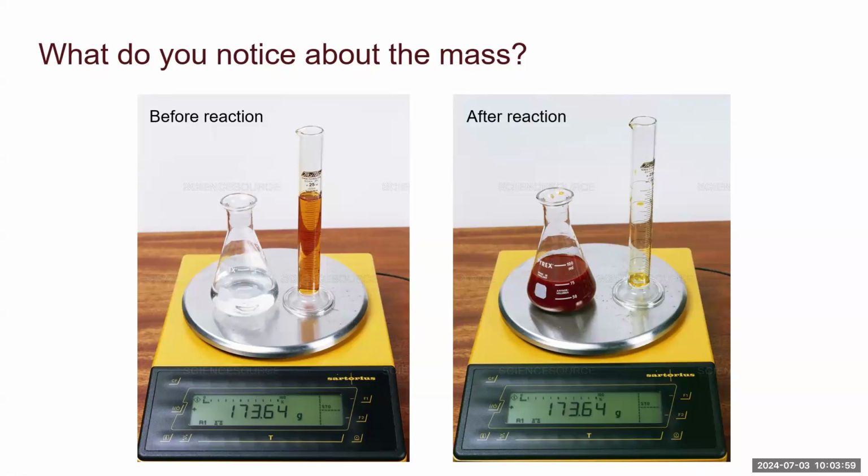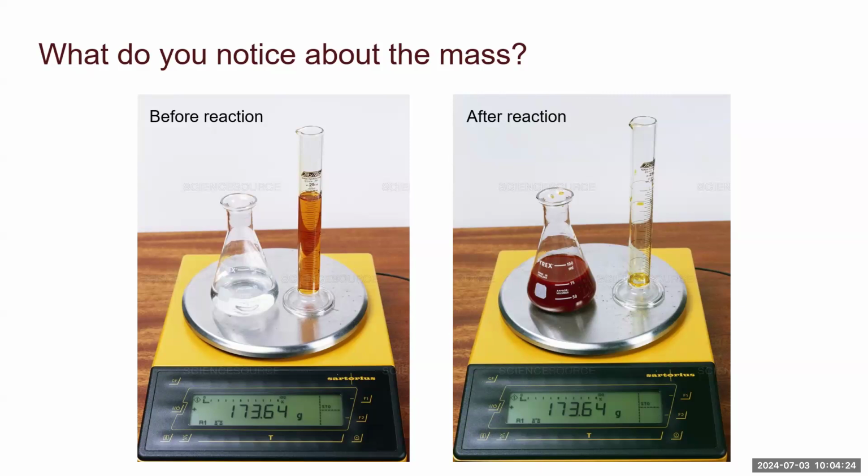Graduated cylinders vary quite a bit. They can be 10 milliliters, 100 milliliters, 1 liter, 5 liters. I'm sure there are larger ones, but pretty standard lab fare is about 50 to 100 milliliters. This one looks like it's 5, 10, 15, 20. It's a 25 milliliter graduated cylinder, which is shown right there, 25 milliliters.